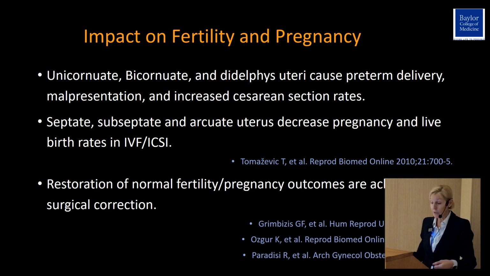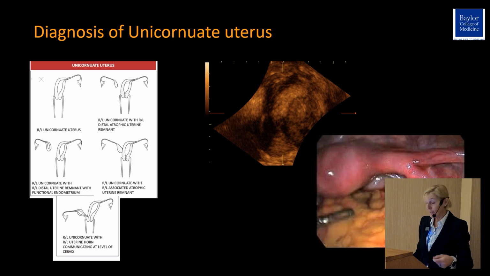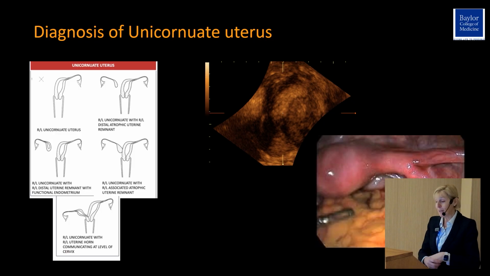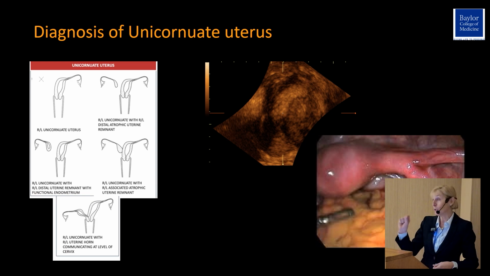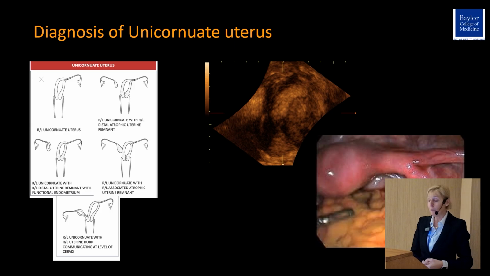And we know that the restoration of normal fertility and pregnancy can be achieved with surgical correction. So the uterine septum is something that I studied a lot in my career, and trying to find what would be the perfect cutoff. And so I'm a little critical on all classifications, and you will see it.